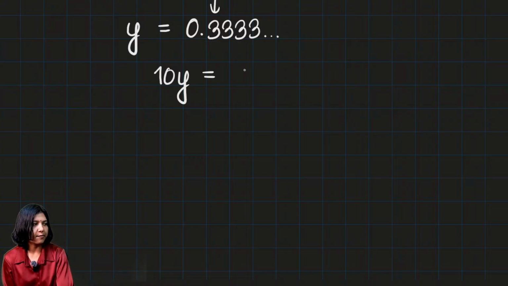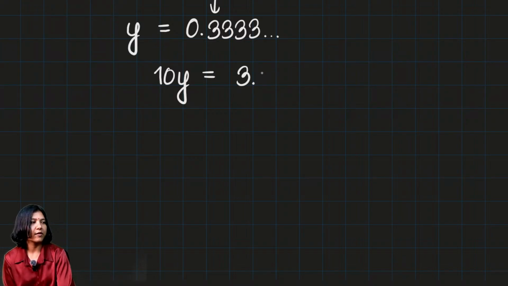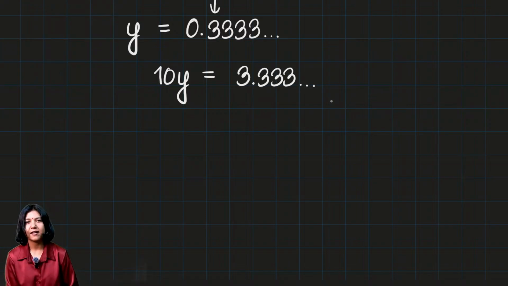Because of multiplying by 10, my place value will change in a way that I bring the decimal to the right by one place. So it becomes 3.3333. That is the concept of multiplying by numbers like 10, 100. If you are multiplying by 100, then you move the decimal by 2 places, right?